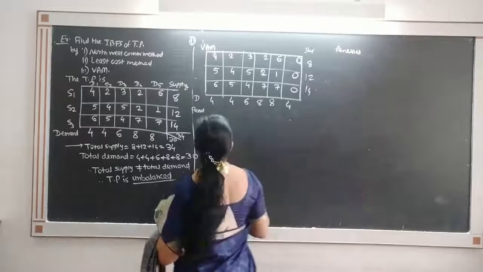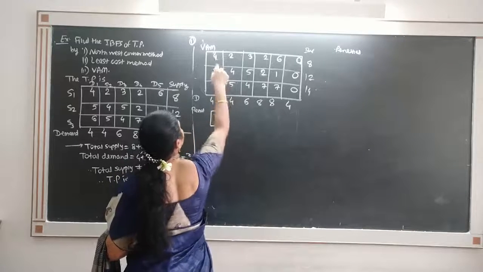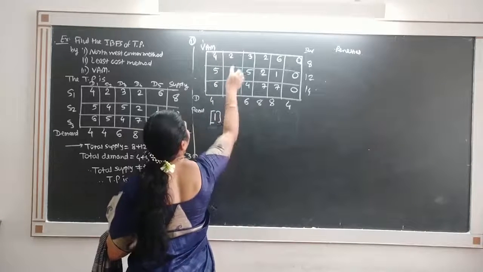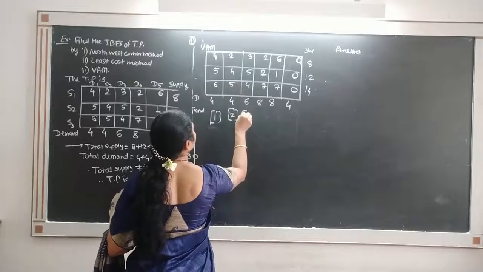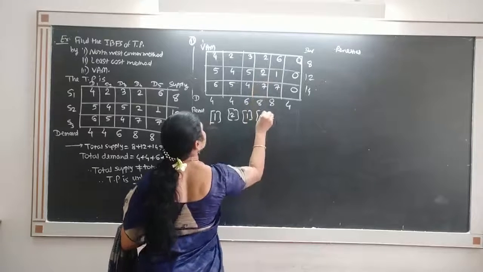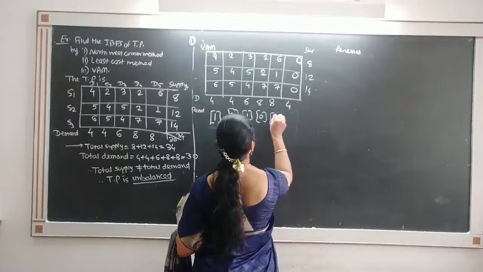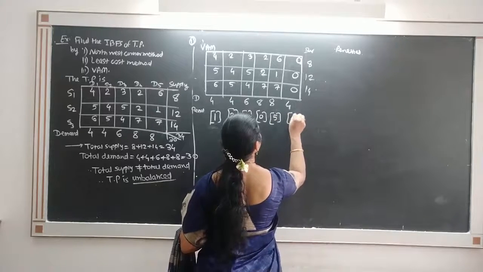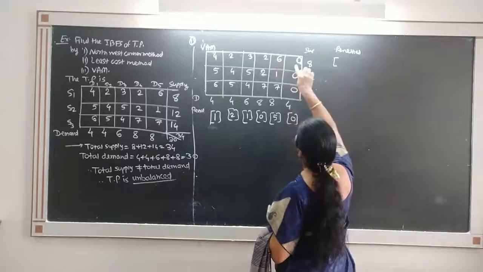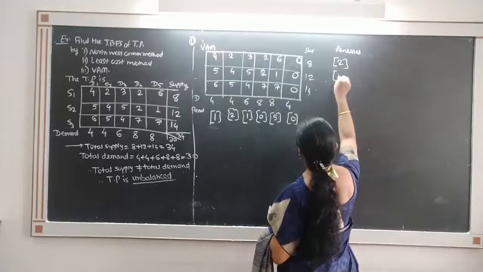So consider the penalty. The difference between smallest and next smallest, that is difference between 5 and 4. 5 minus 4, 1. 4 minus 2, 2. 4 minus 3, 1. 2 minus 2, 0. 6 minus 1, 5. 0 minus 0, 0. 0. 2 minus 0, 2. 1 minus 0, 1.